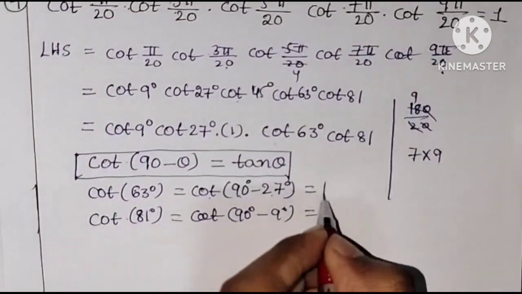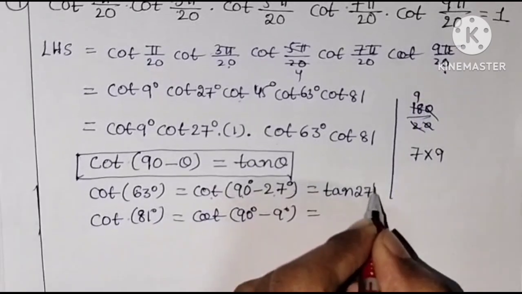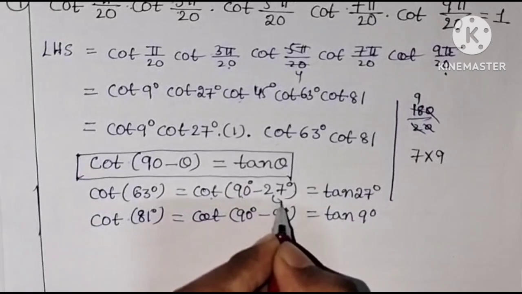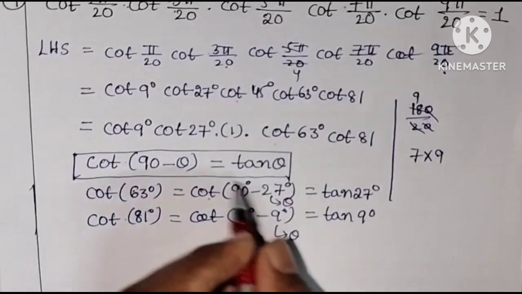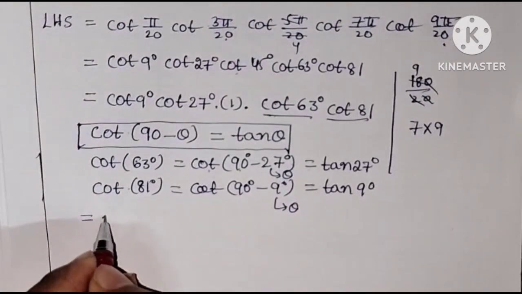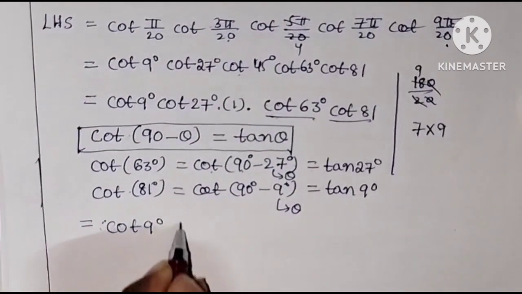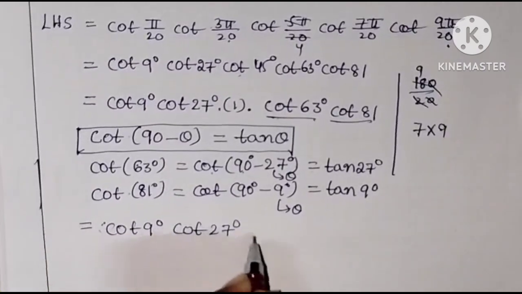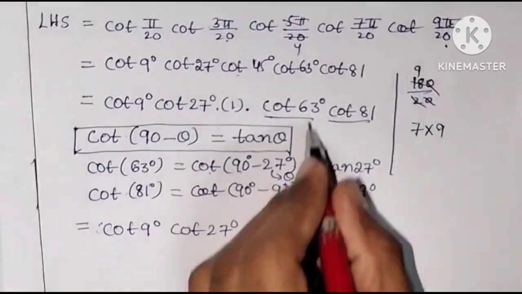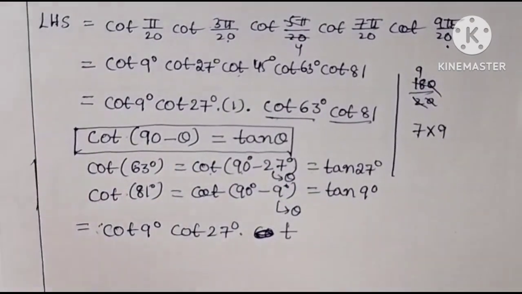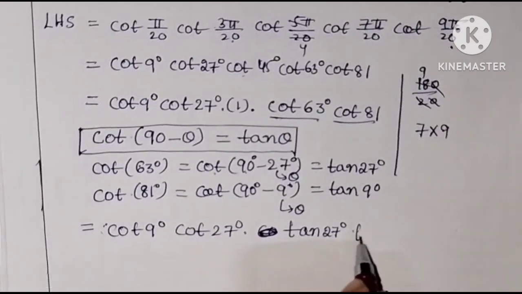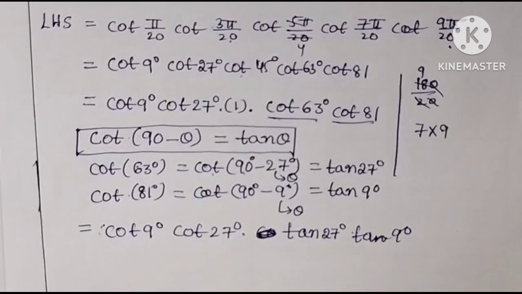Cot 90 minus theta is tan theta, so tan 27 degrees. Similarly, cot 90 minus theta, tan 9 degrees. Here theta is 27 degrees, here theta is 9 degrees. Now substitute these values here. Cot 9 degrees, cot 27 degrees into 1 and into cot 63 degrees, which means tan 27 degrees, and cot 81 degrees, which means tan 9 degrees.